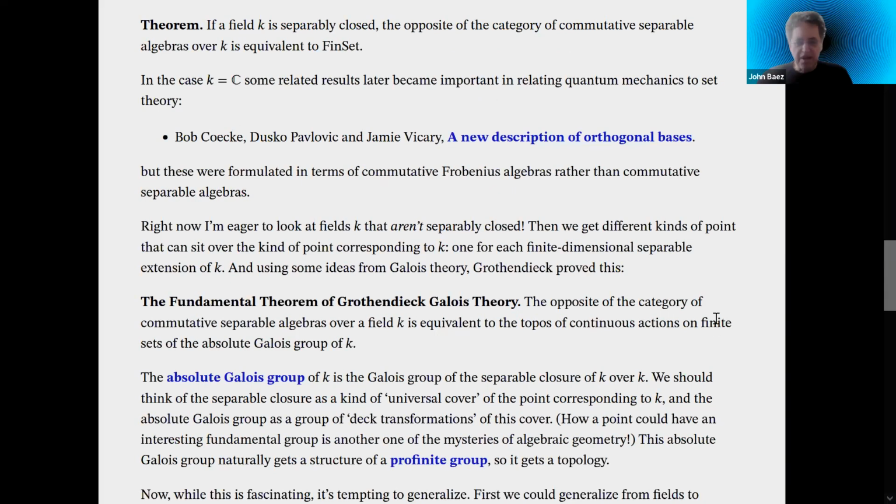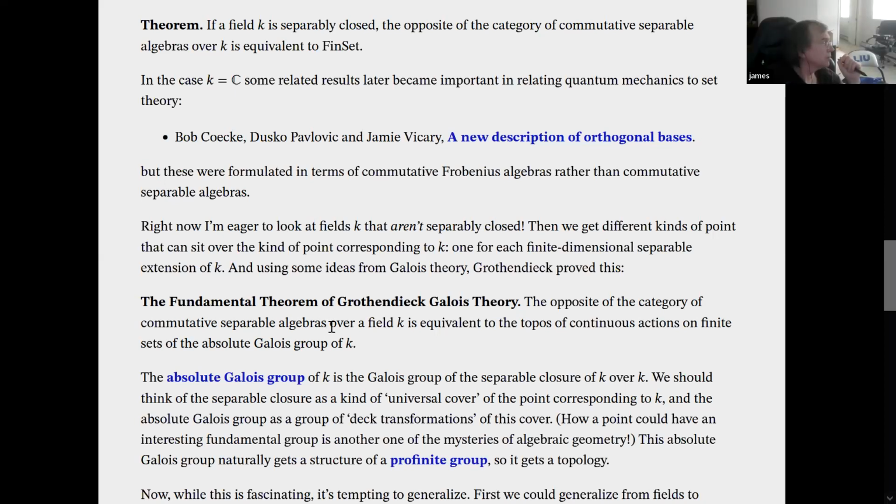Because it's sort of like combining the usual Galois theory for fields with a slight generalization where we look at these commutative separable algebras that are just finite products of field extensions.